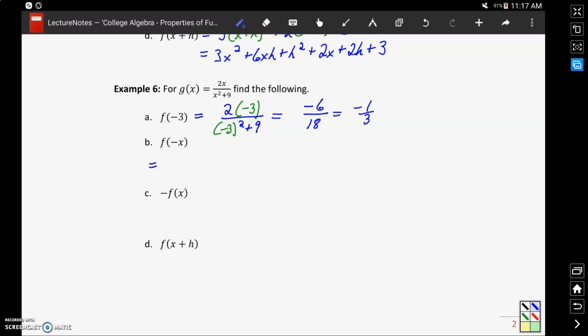In part B, we're going to plug in the opposite of x. So in the numerator, we would end up with negative 2x, and in the denominator, x squared, the square would cancel out that negative, so we would again just have x squared plus 9. In part C, we're asked to find the opposite of that given function.